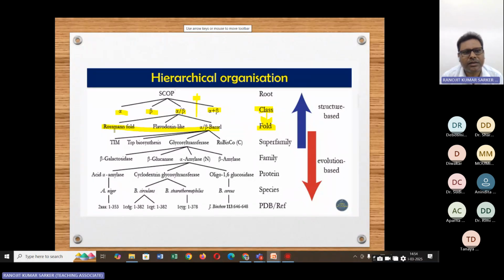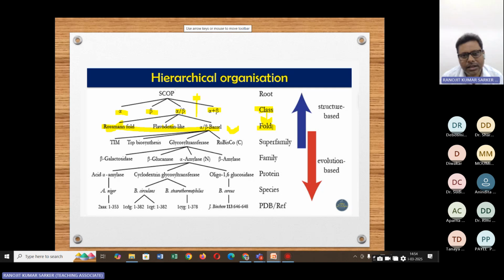What are the folds? Rossmann folds, flavodoxin-like folds, then alpha by beta barrels. In this way, under class alpha by beta, there will be several folds.